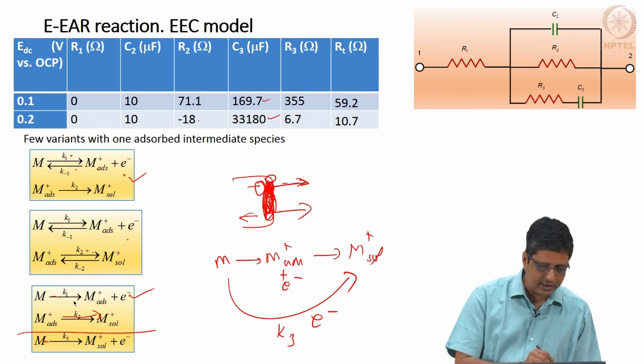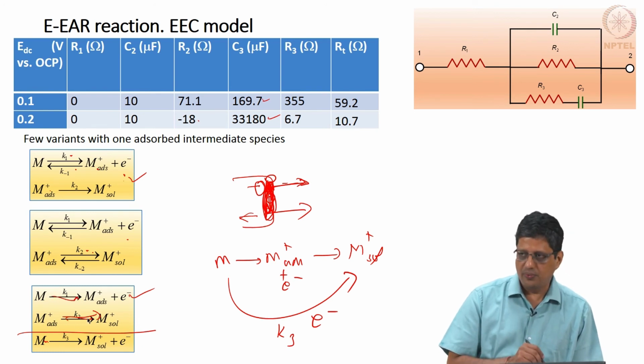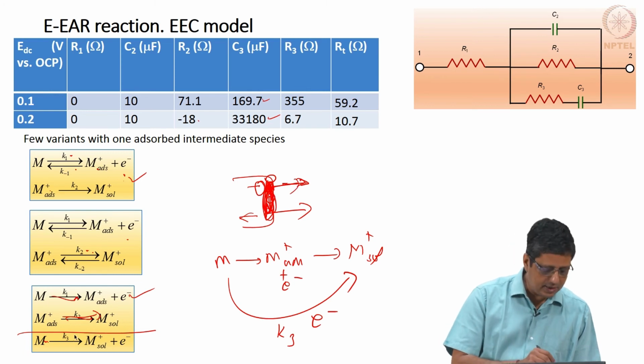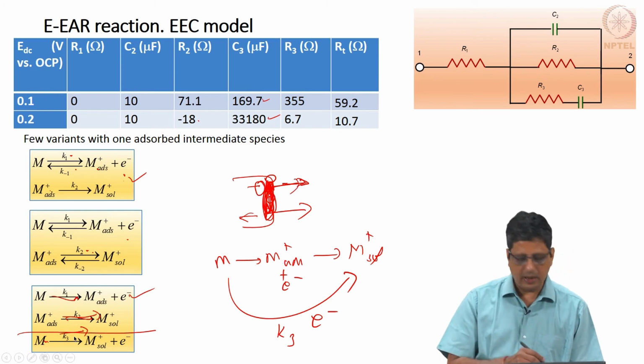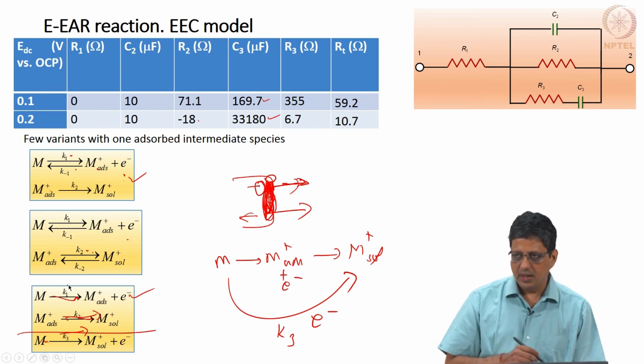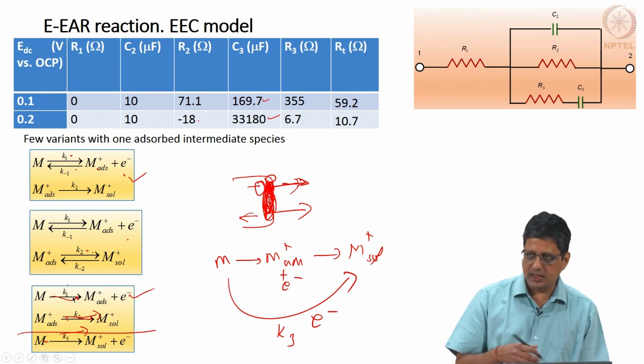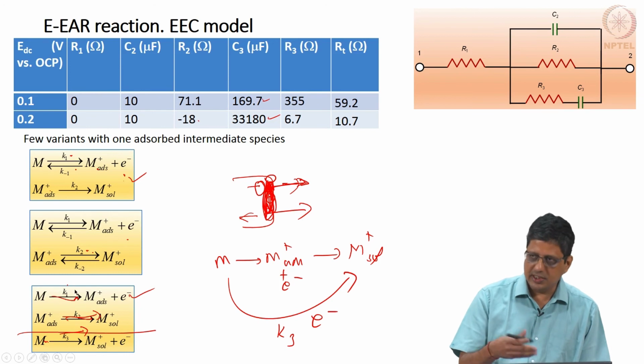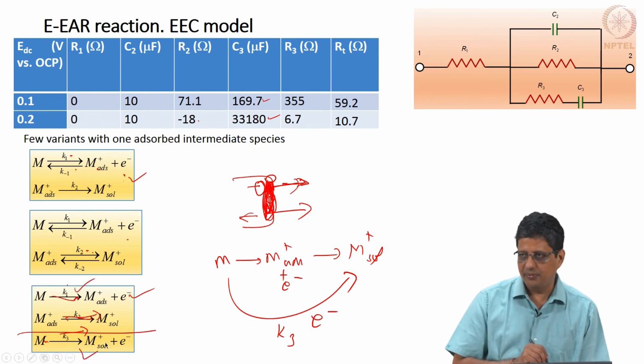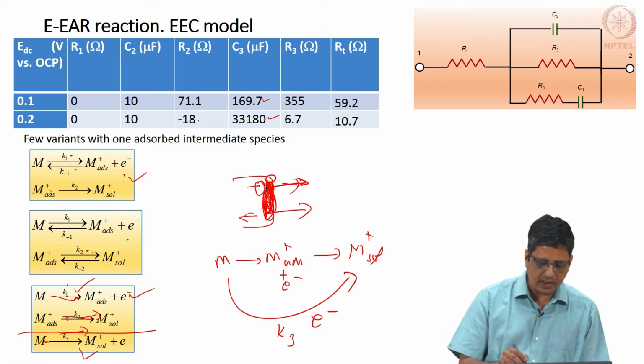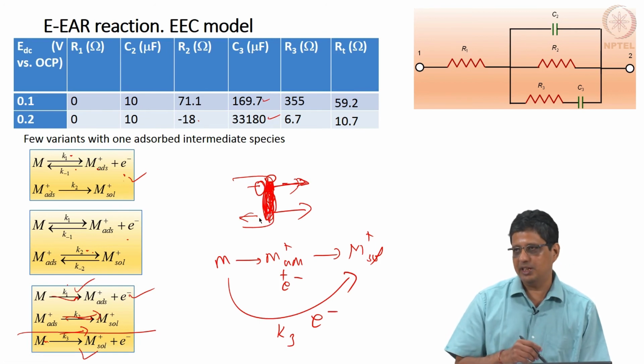Let us say this is fast, this is slow, that means it is not happening at a fast enough rate. This is also slow compared to the K1. Then at low potential most of the surface is bare metal. So, this will occur to some level, this will also occur to some level. When you go to high enough potential, most of the surface will be covered with M-adsorbed.